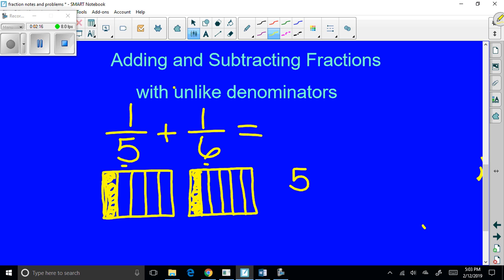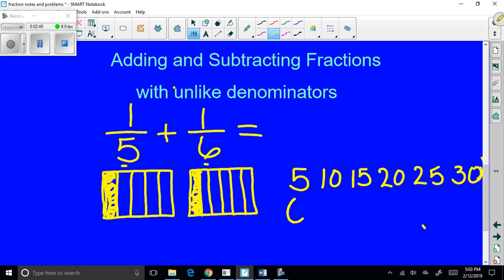So what you do is you find multiples for each of the denominators. If I'm counting by 5, I have 5, 10, 15, 20, 25, and 30. It's good to at least do the first 6 multiples of a number, and then you can do the first 6 multiples of the next number. If you don't find a common multiple, you can continue on until you find one.